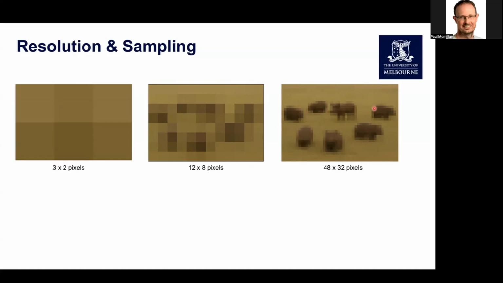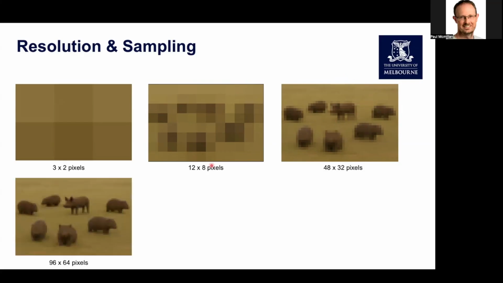So if we're only interested in counting, then that is probably fine. What if we want to differentiate the different types of objects that we have in the image? So if we go to 96 by 64, then we might be able to work out that actually one of the objects here is slightly different, has a slightly different classification to some of those other objects.